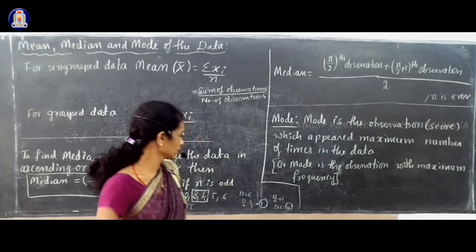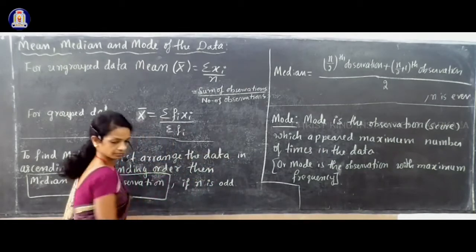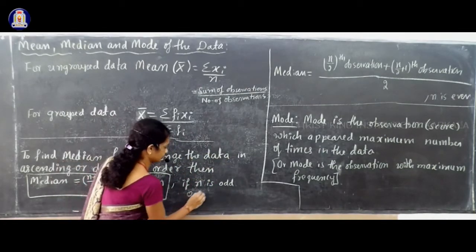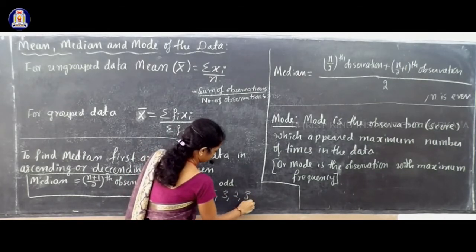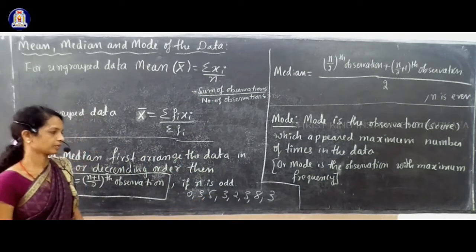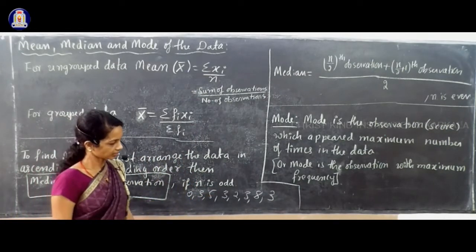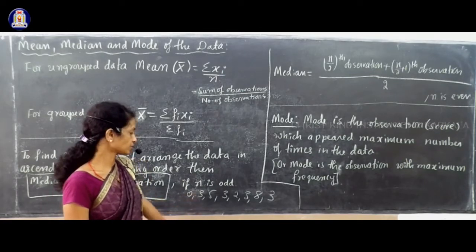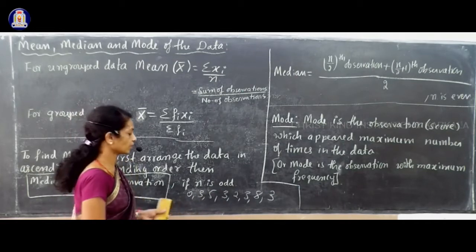For example, suppose you have data like this. This is one example. I have taken one data set, and in this, which score is repeated the maximum number of times, that will be the mode.